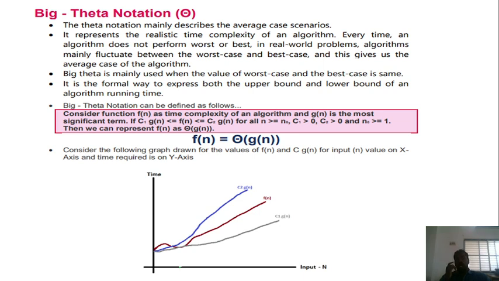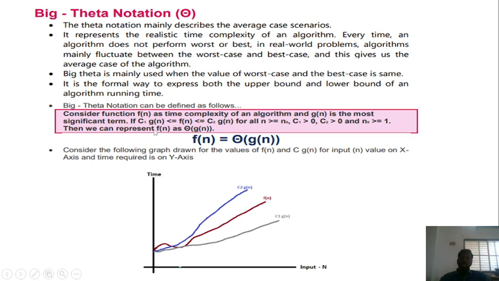It is used for the worst case as well as the best case, so we can represent it as both an upper bound and a lower bound of running time. We can define it where f of n is the time complexity of an algorithm and g of n is the most significant term.